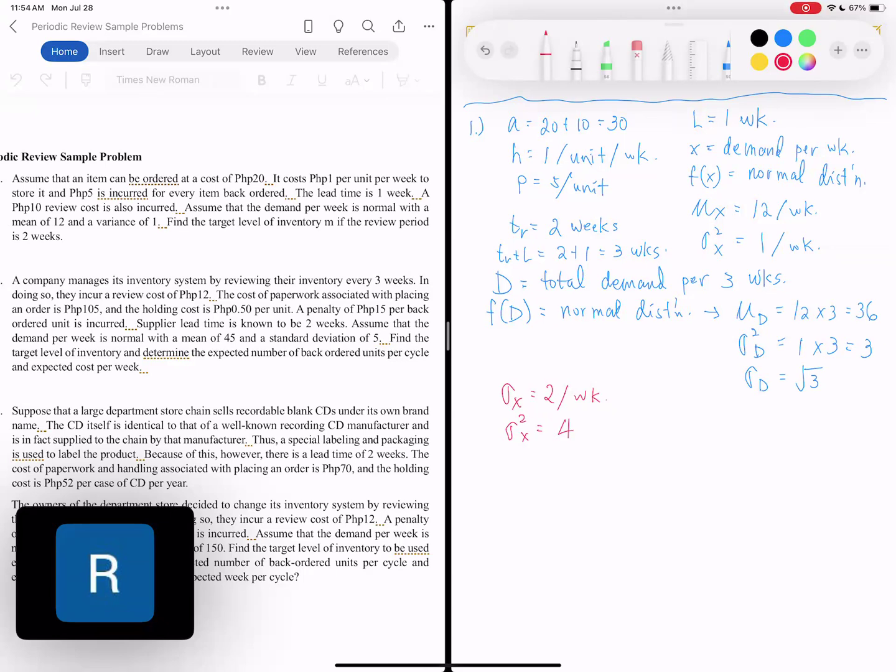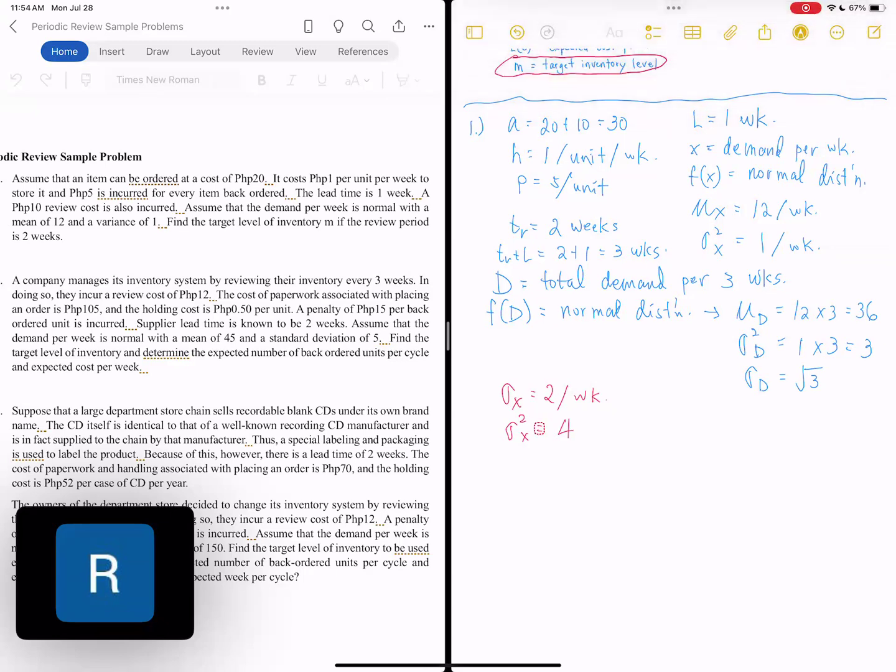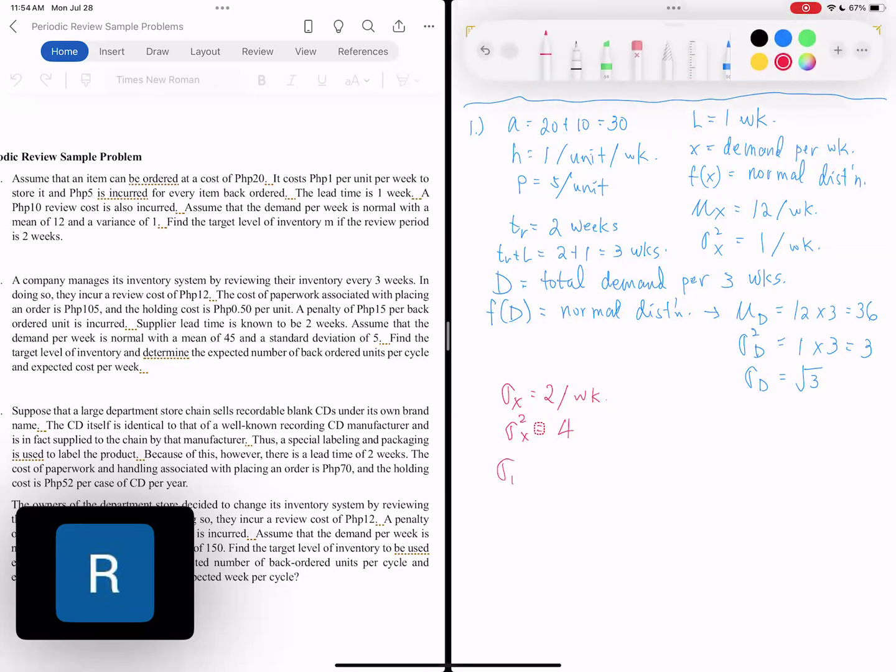Now, if you want to calculate sigma of D, the variables x and D are different. X is in this problem 1 week, D is 3 weeks. You always have to pay attention to that. So if you want sigma of D, you base it not on sigma but on the variance.